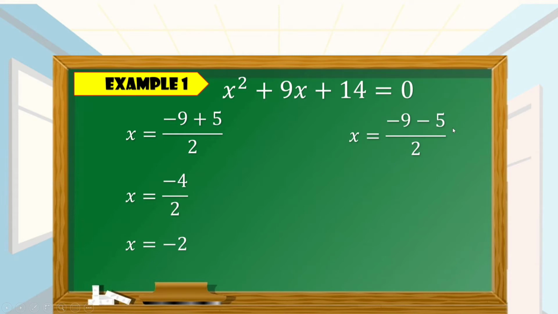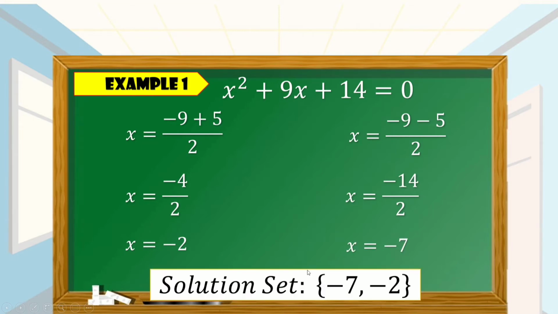On the other equation, we have x is equal to negative 9 minus 5 all over 2. Simplifying this, we have x is equal to negative 14 over 2. Simplifying it further, x is equal to negative 7. The solution set, negative 7, negative 2.